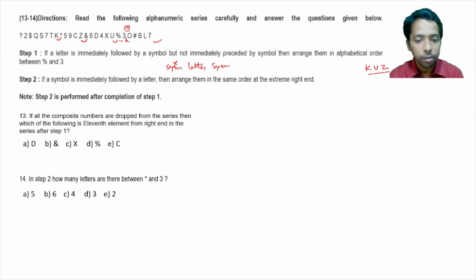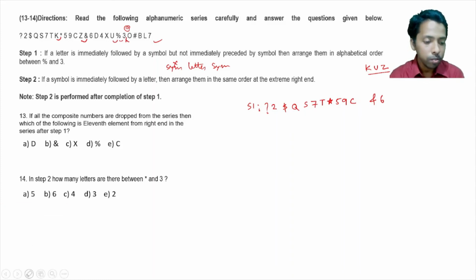Just write it. So step 1: $ Q S 7 T star K. We have to arrange further. Then 5 9 C Z ampersand 6. Okay, Z is not here.